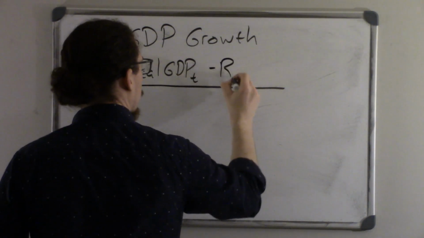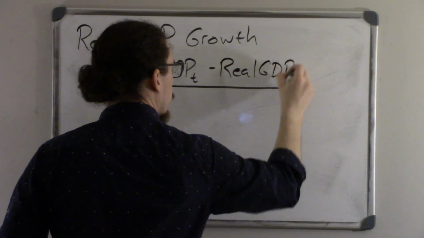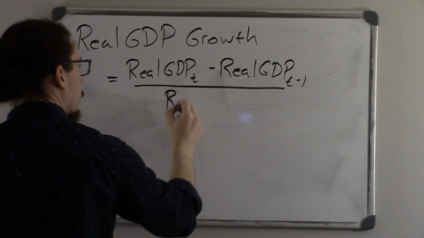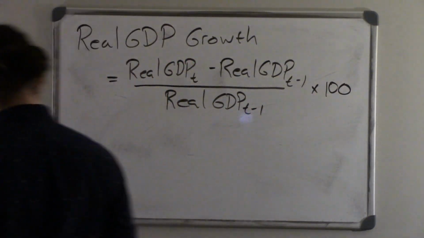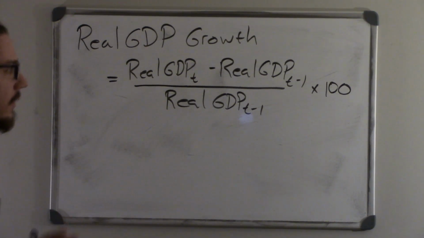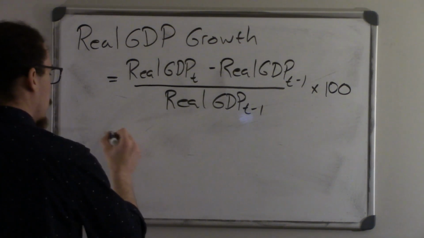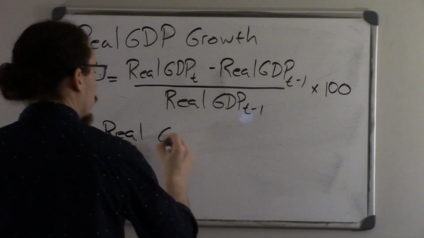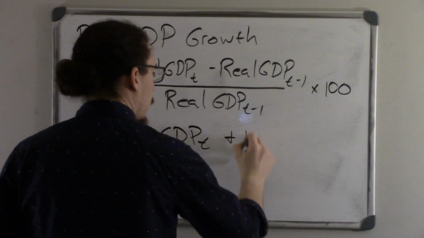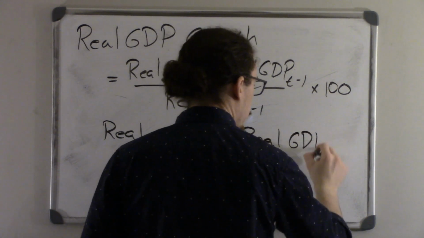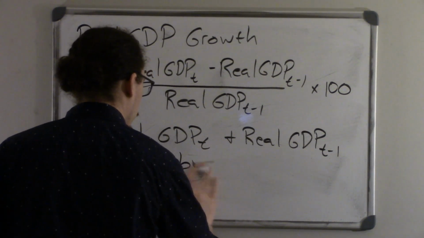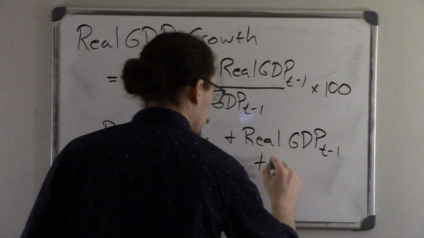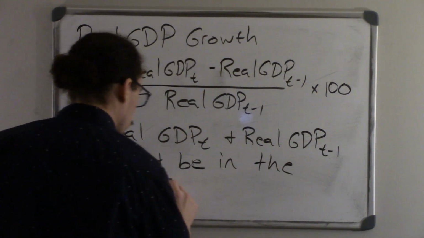So it's the real GDP for time period t minus the real GDP for t minus 1 divided by the real GDP of t minus 1 times 100 as usual. Right. The big thing with this that we're going to have to remember, and it can be a little tricky to remember, is that real GDP t and real GDP t minus 1 must be in the same base year.